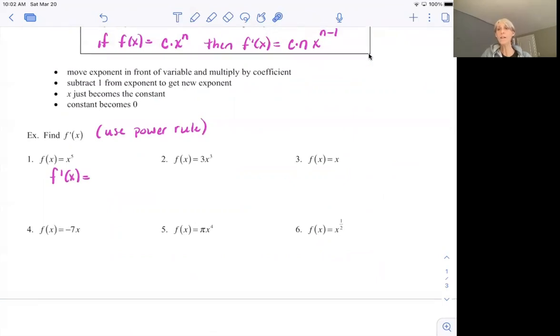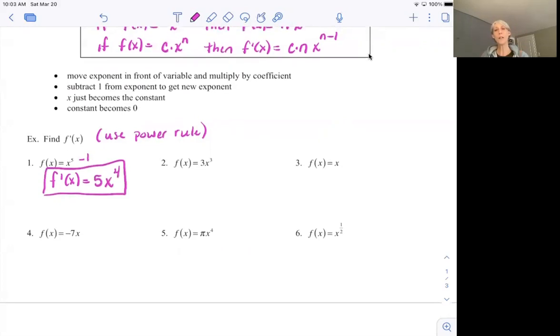If there's nothing there, it's a 1. So 5x, and then we subtract 1 to get the new power. So 5 minus 1 is 4. If we had evaluated that limit, it probably would have taken us 15, 20 minutes, and we would wind up with the same thing. So this is a lot more efficient. And from this point forward, unless I ask you to use the definition of the derivative, you can use the power rule anytime you want.